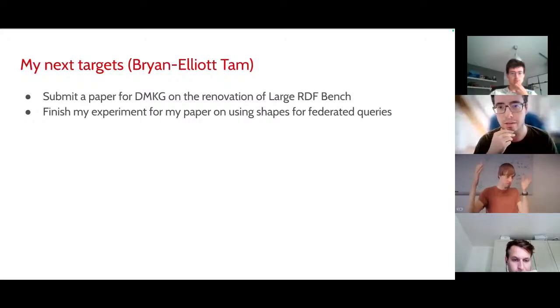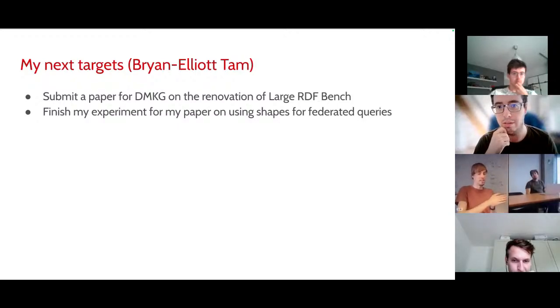You need to reduce the number of HTTP requests, but also the response sizes of these requests. So the optimization criteria for federated queries can sometimes be quite different compared to normal SPARQL queries.